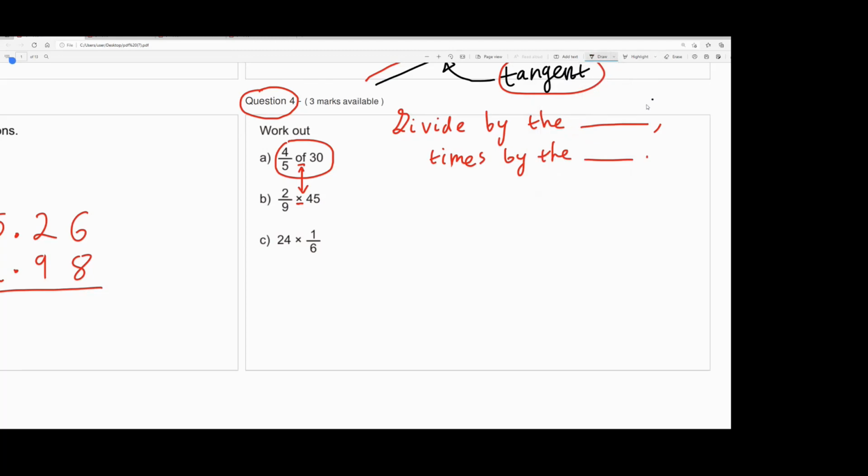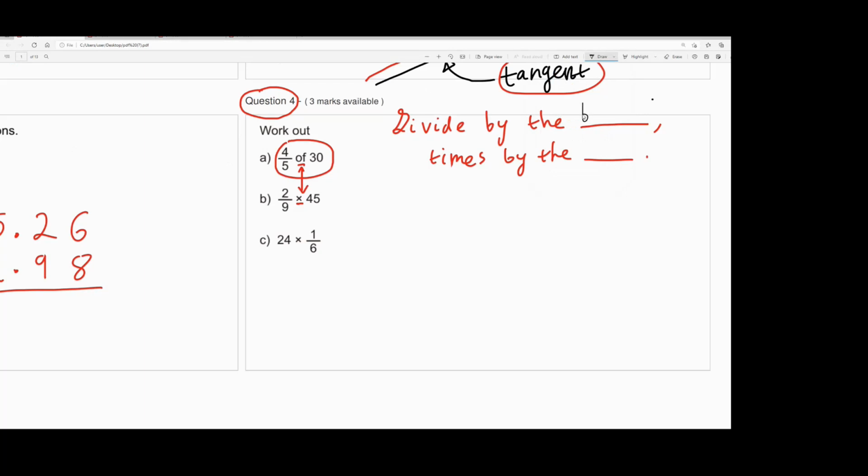If I want to work out the fraction of an amount, yeah, brilliant. We divide by the bottom and then times by the top.